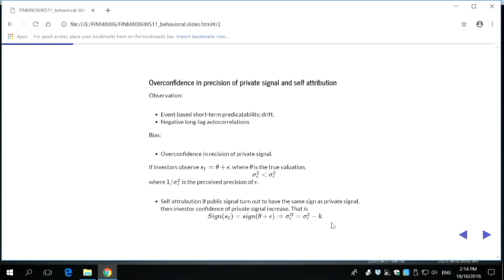So it's the fault of your teacher if you do badly, and it's your ability if you do well. I'm not exaggerating, I see this very often. For investors, it's the same. If they turn out to be right, they'll be more confident. If they turn out to be wrong, they don't really decrease their confidence a lot.